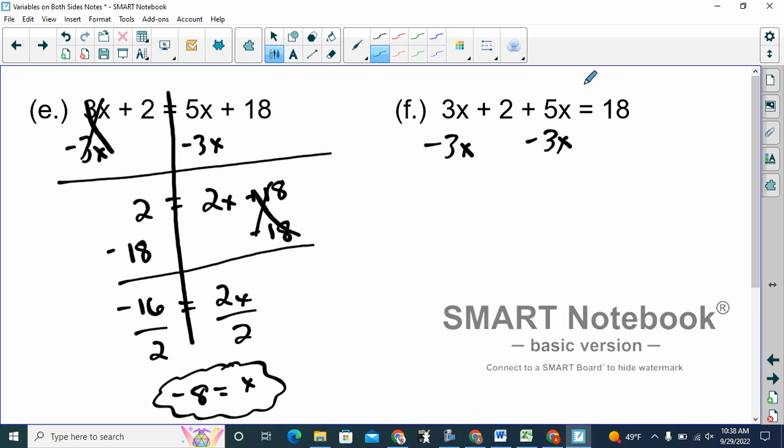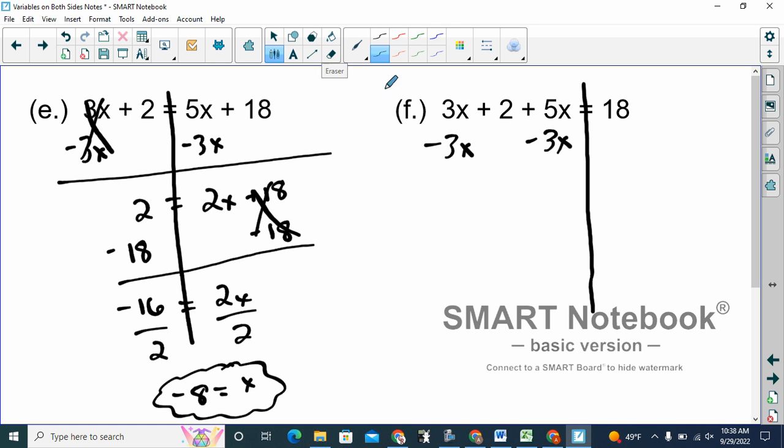And the reason is, hopefully you've identified it, my equal sign's right here. Anytime I do something to one side of the equal sign, I have to do it to the other side of the equal sign. And this minus 3x here and minus 3x here, those are both on the left side of the equal sign, which means I cannot do that.